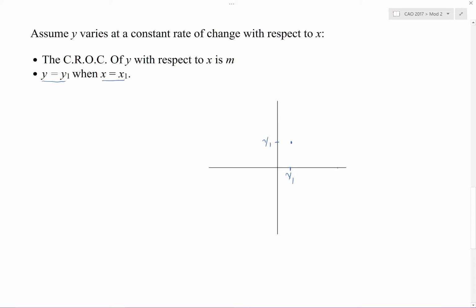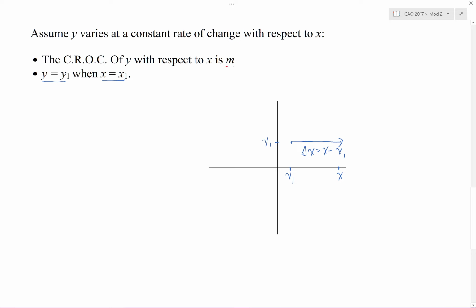So this means that if we pick any new value of x, we can imagine x changing from a reference value of x1 to its new final value. We know that this change in x has to be equal to x minus x1.